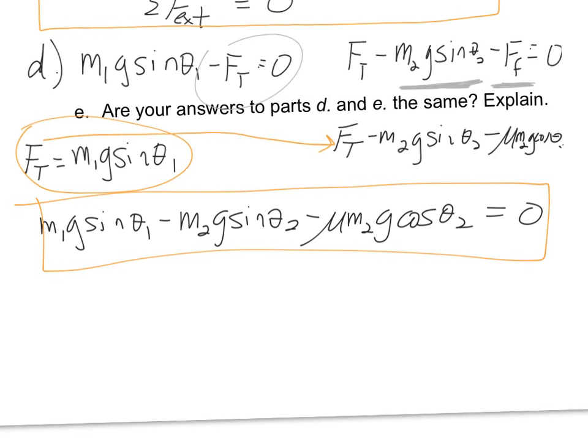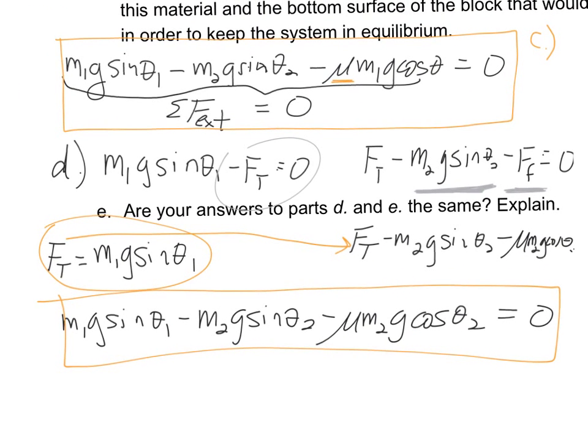And what you'll find is that the mu that you get in part C is different than the mu you get in part D. And that reflects the fact that in the one case, the friction is teaming up with block M1, but in the other case, it pertains to block M2. So of course these mu values are going to be different because the equations are different, but notice they only differ in this one term here. Otherwise they're the same. It's just which mass has the mu with it.